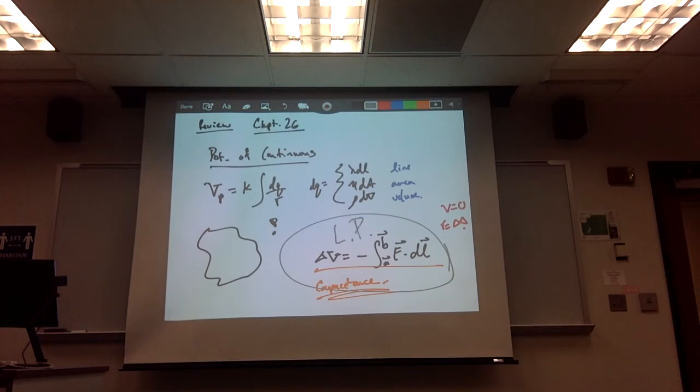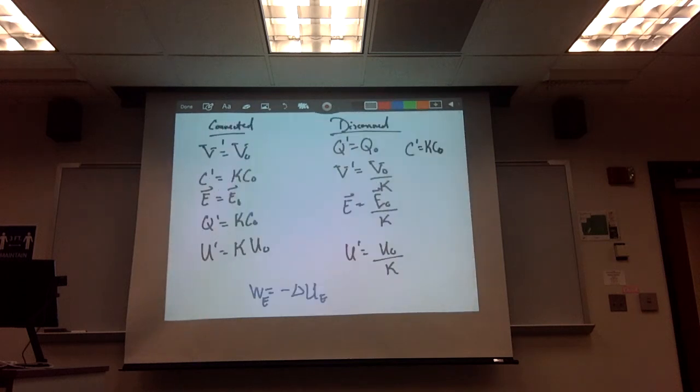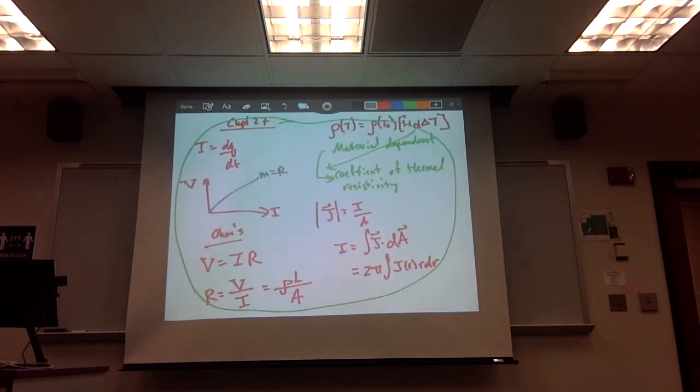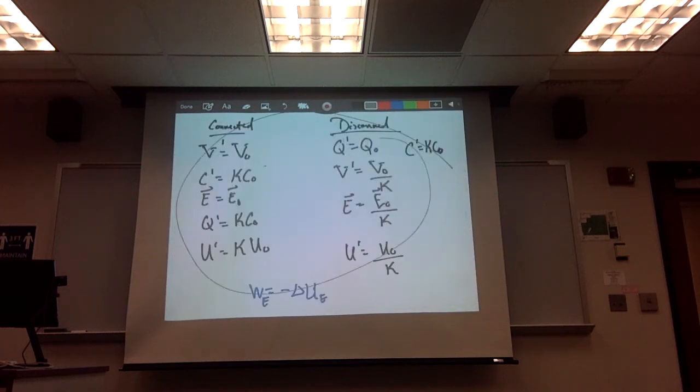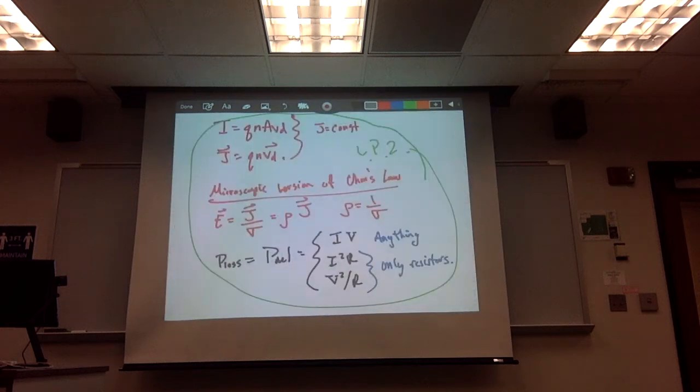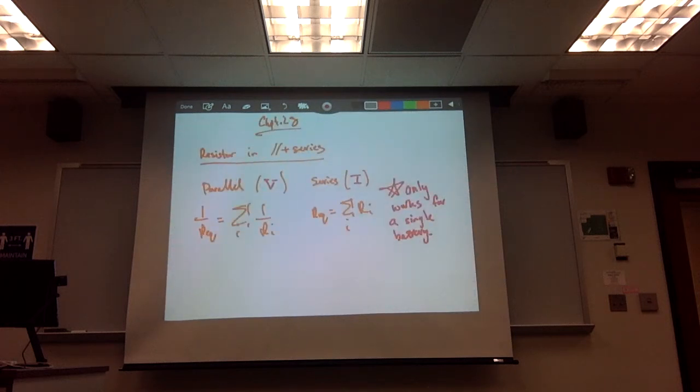That would probably be my guess for long problem number one. Now, if it wasn't that, then my second guess would be the same kind of idea, but with resistors instead.